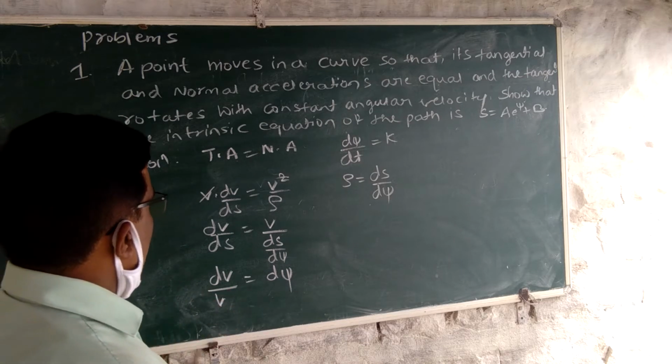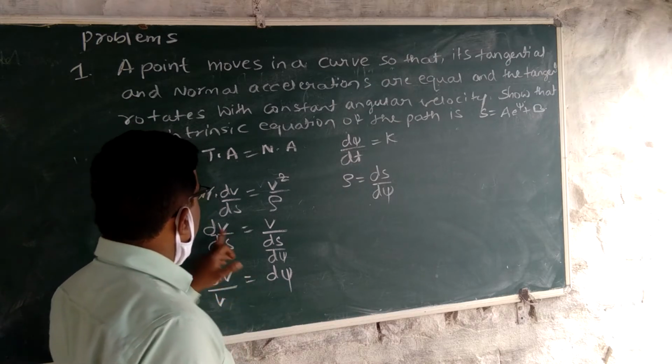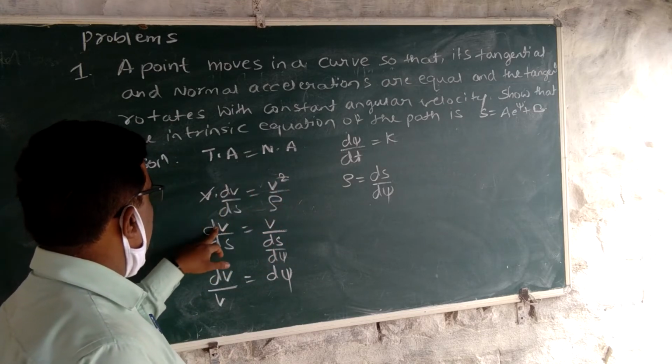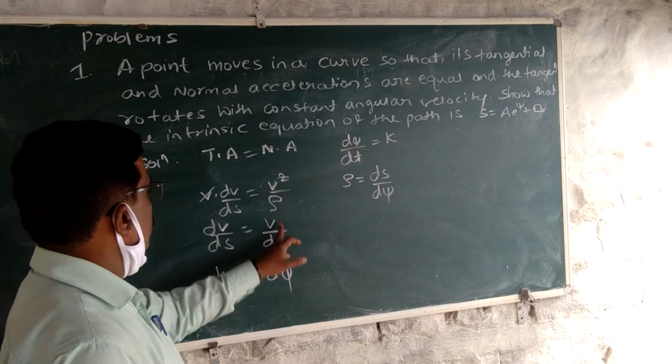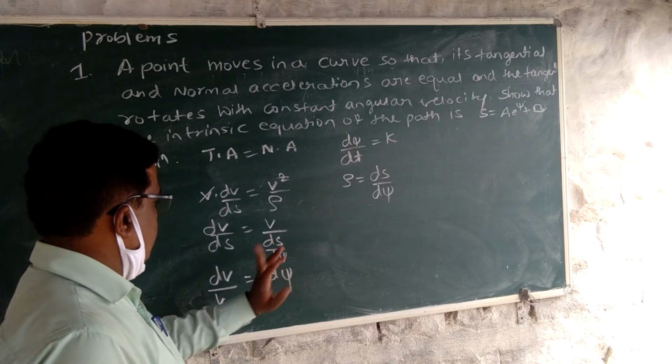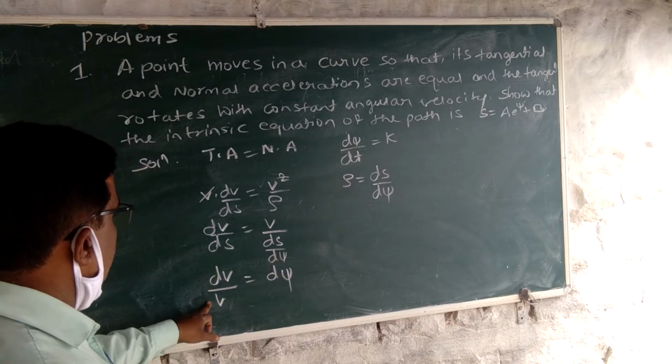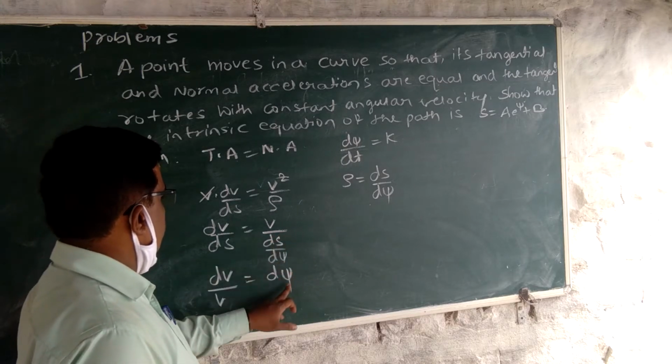So dv by ds is equal to v into d psi by ds, and we need the term dv by v is equal to d psi.